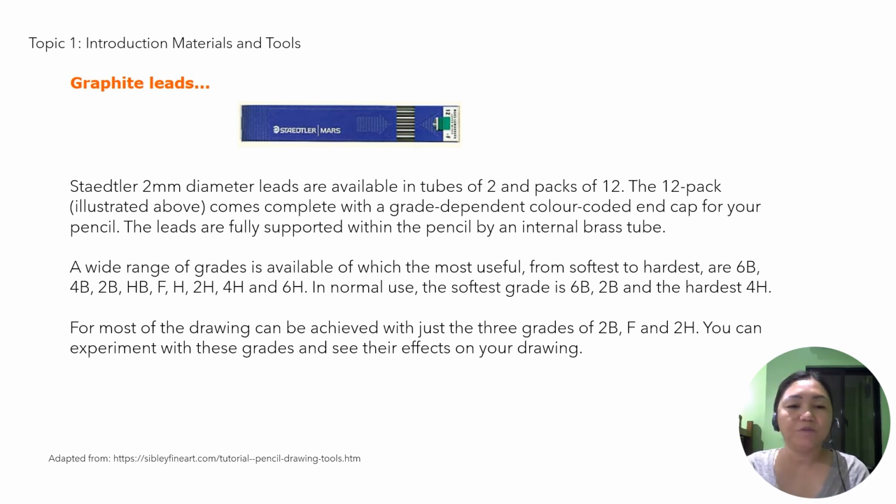A wide range of grades is available, of which the most useful from softest to hardest are 6B, 4B, 2B, HB, F, H, 2H, 4H, and 6H. In normal use, the softest grade is 6B and the hardest is 4H. Most of the drawing can be achieved with just the grades of 2B, F, and 2H. You can experiment with these grades and see their effects on your drawings.